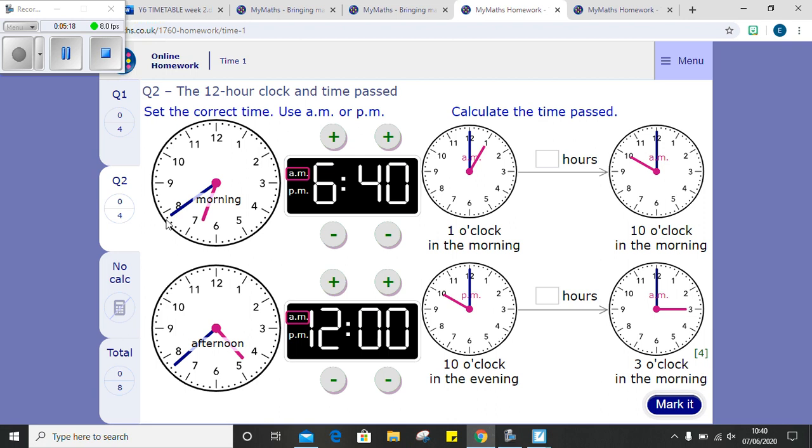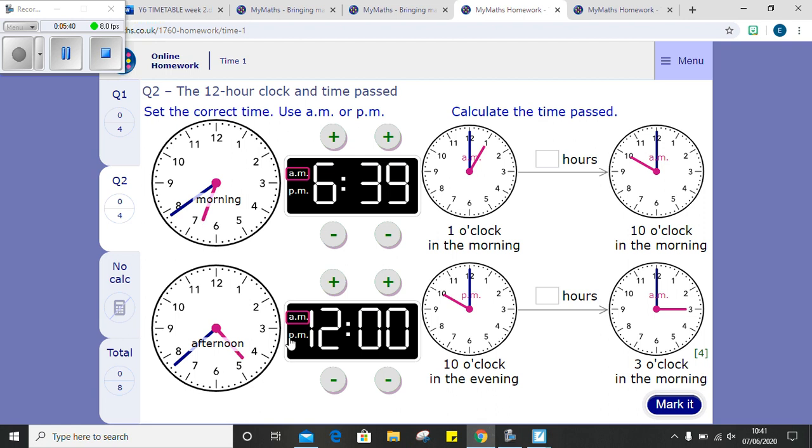Now it's 1 minute less than 40. So the time I've got on here is 6:39, 1 minute before 20 to 7. Okay, so that's the time that I would get because I'm looking at my minute hand. It's just before that 8, and my hour hand is still in the 6th hour.